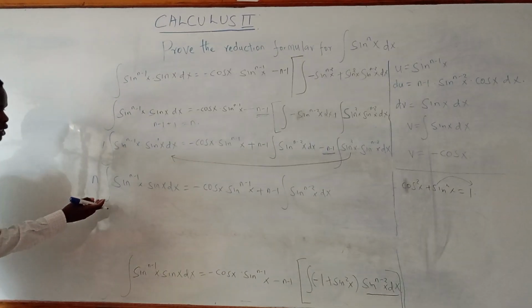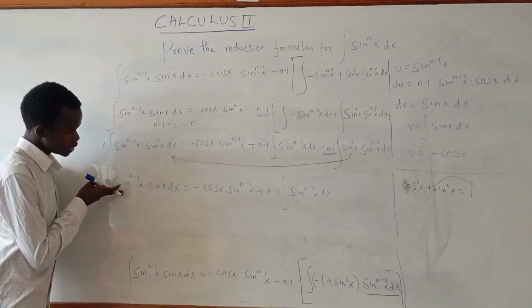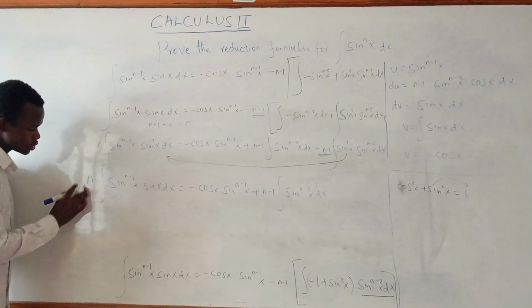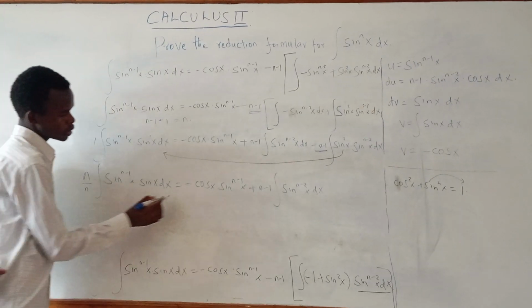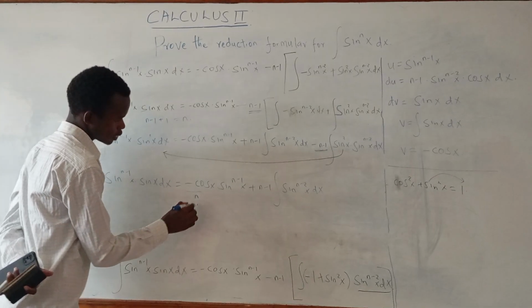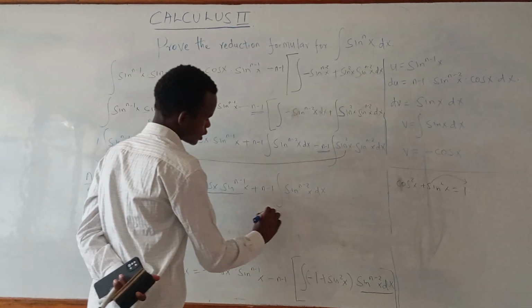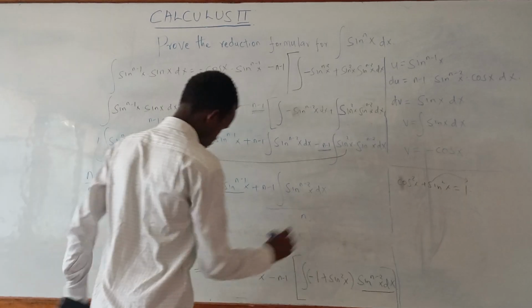We want the integral of sin^(n-1) multiplied by sin, which is the same as sin to any power of x. So divide everything by n, all this expression divided by n.